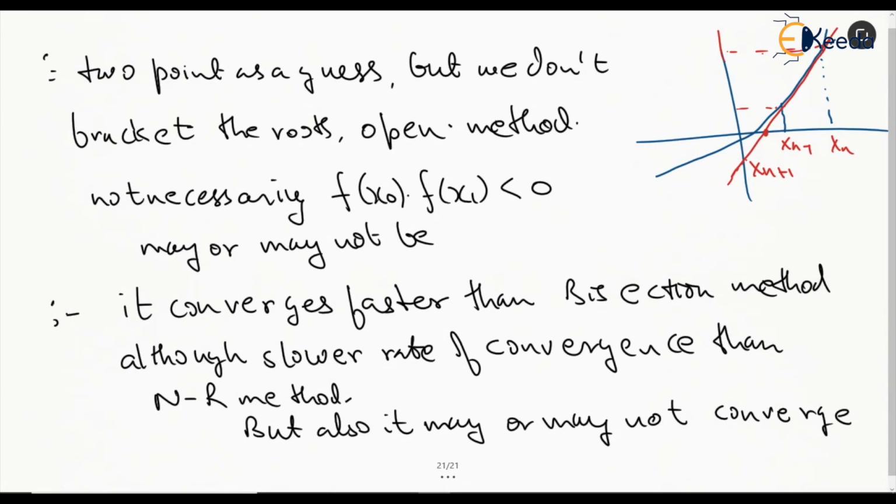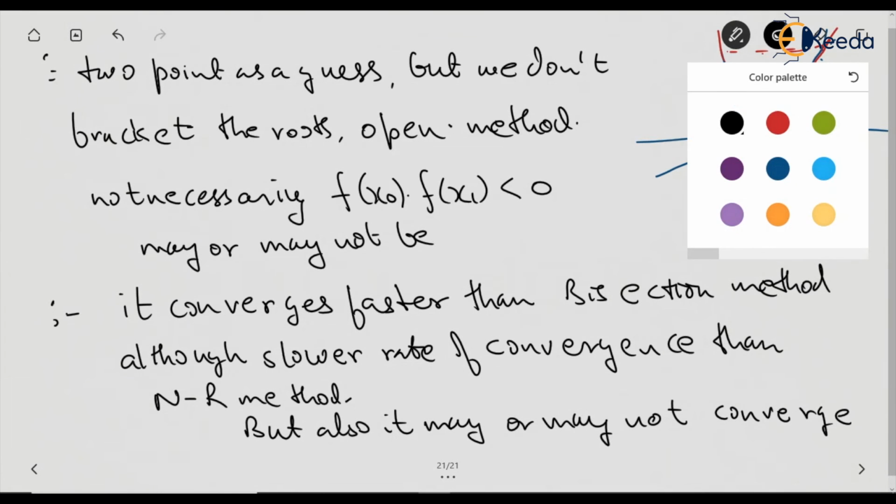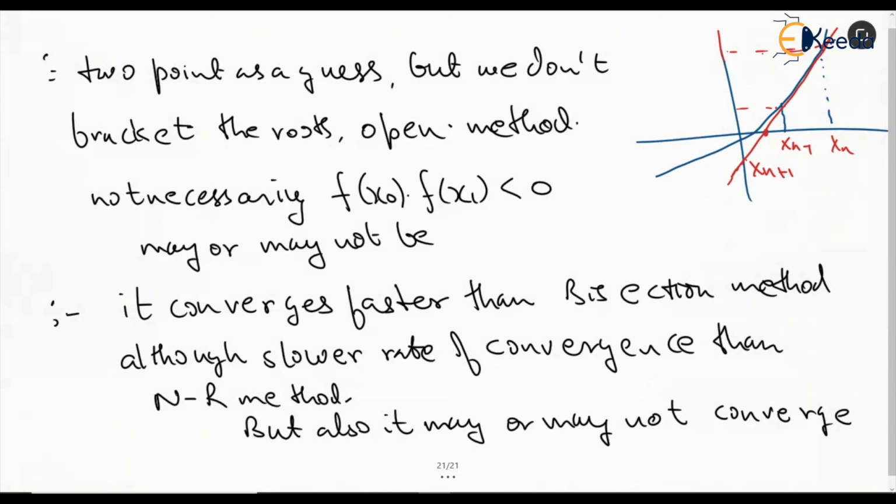Now that we are not putting the condition of bracketing, that the function values at x0 and x1 should be of opposite nature, it is faster than the bisection method, although slower than the Newton-Raphson method, but there is a drawback that it may or may not converge. There is a possibility that it may not converge.